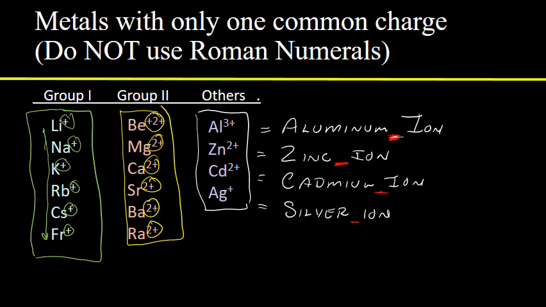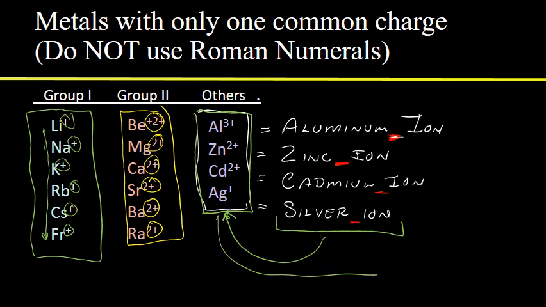But more importantly, if you see someone write silver ion, you need to be able to say, okay, I know that's Ag+, and I know the charge is +1, because that's one of these 4 ions that have only one common charge. And for these guys, there's really nothing you can do except memorize these guys.